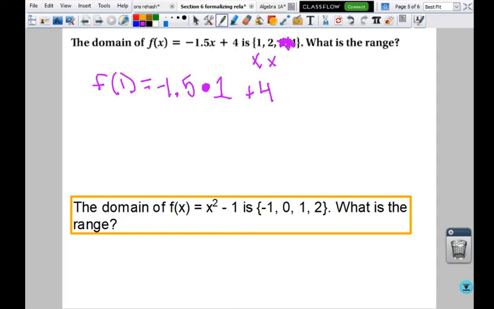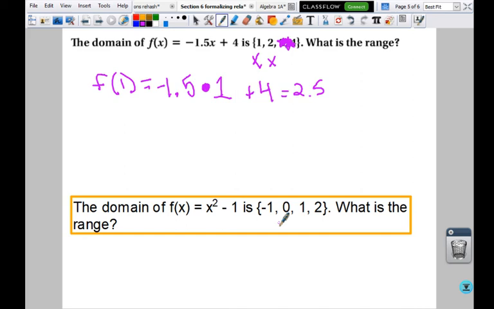Negative 1.5 times 1 plus 4. I plug it in Desmos and I get 2.5. So I plugged in 1 for my x, for my domain, and I got 2.5.